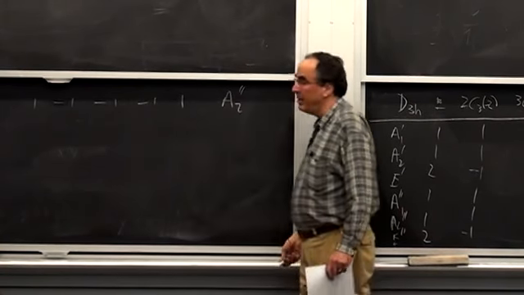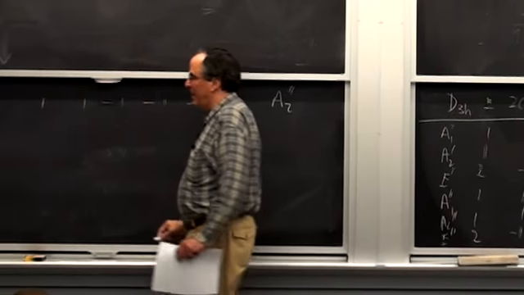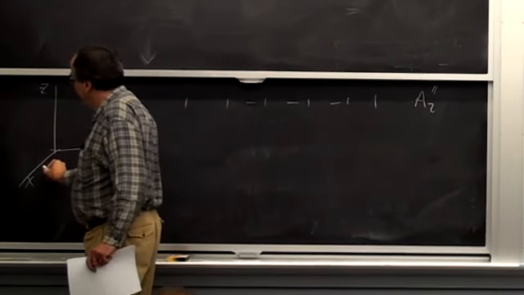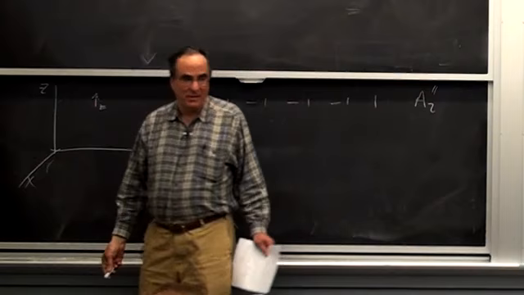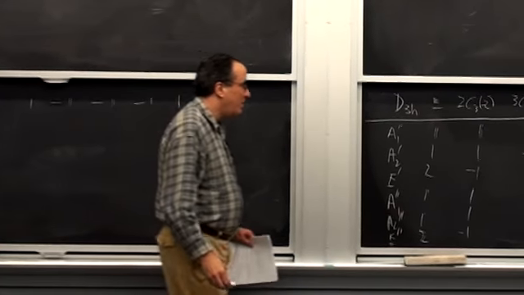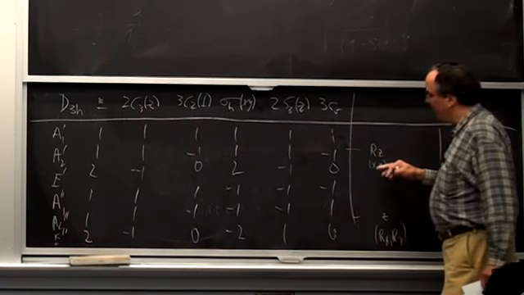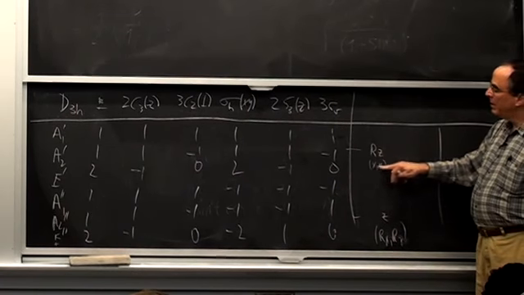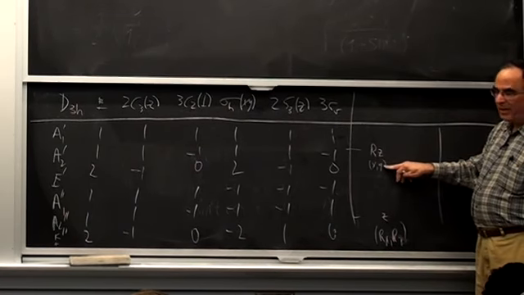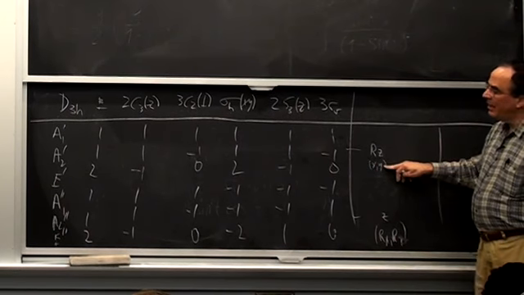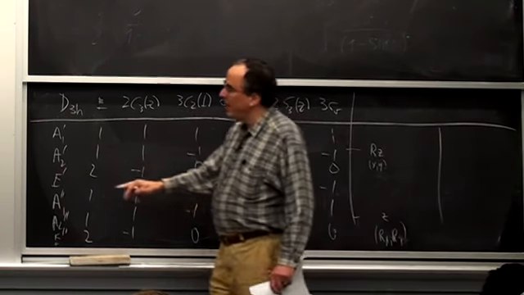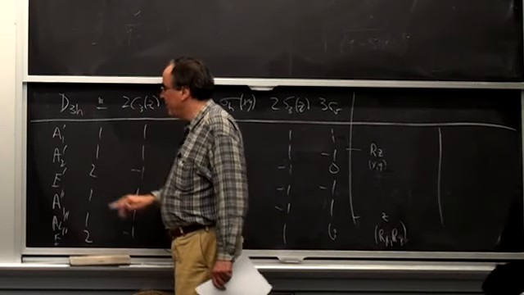And so I suggest that you do the same thing for a vector pointing in that direction and see how that behaves. And what you end up discovering is if you have a vector pointing in the x direction, it gets mixed with a vector pointing in the y direction. And you find that x, y together behave as E prime.